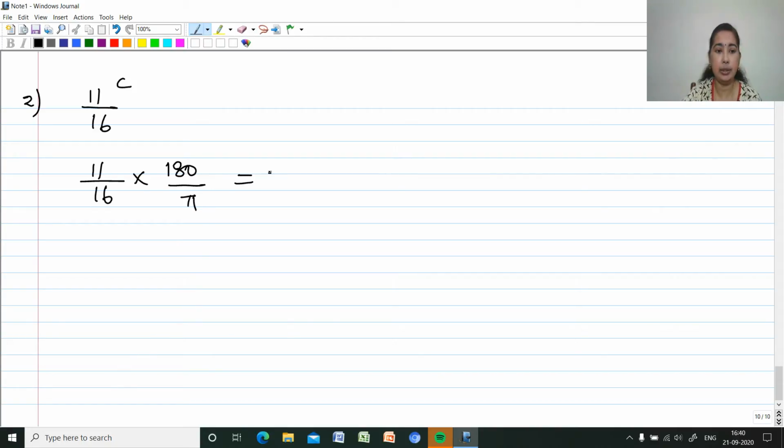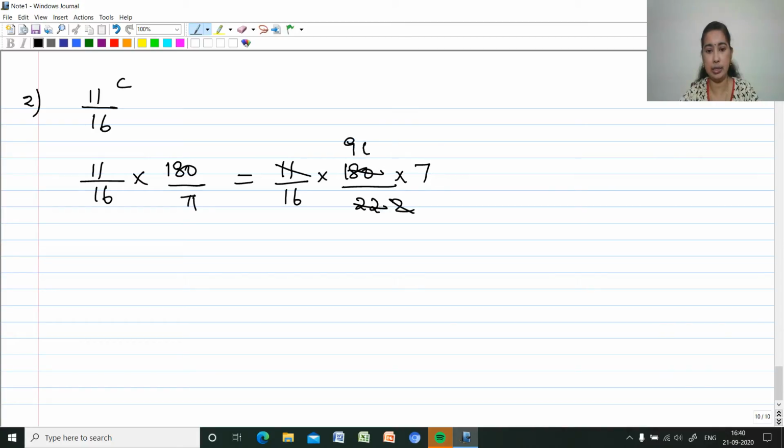So that is equal to 11 by 16 into 180 by, instead of pi we have to write 22 by 7. Now 11 here 2 times, 2 here 90 times.